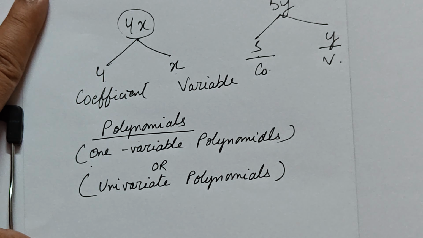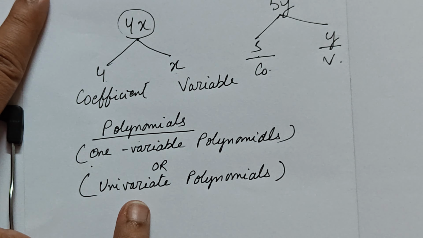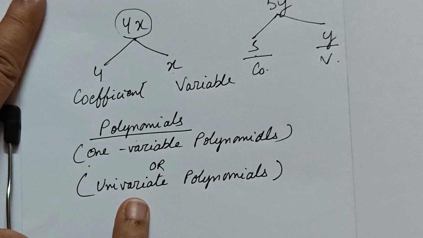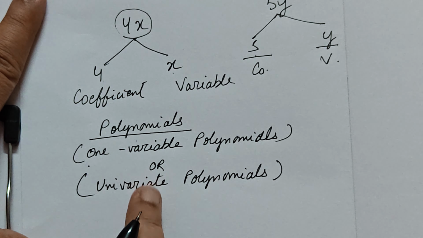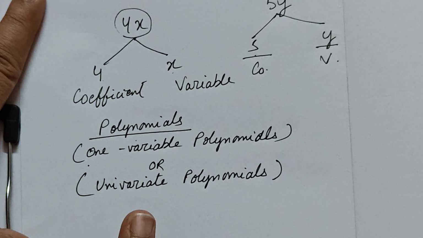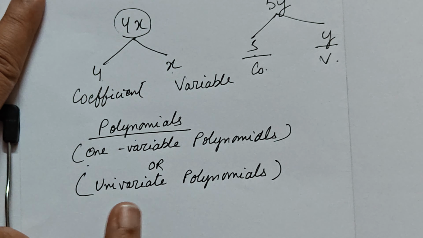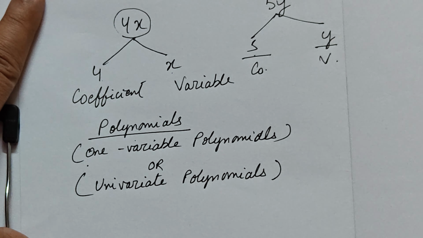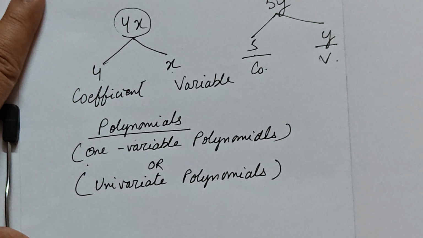Okay, the term itself is telling us what it means. Univariate means that it contains only one variable. Univariate means single variable. If I am taking an expression which contains variable x, then throughout all terms of that expression will contain x.